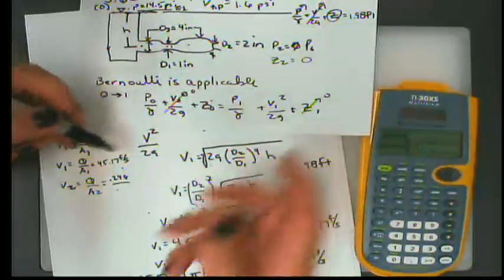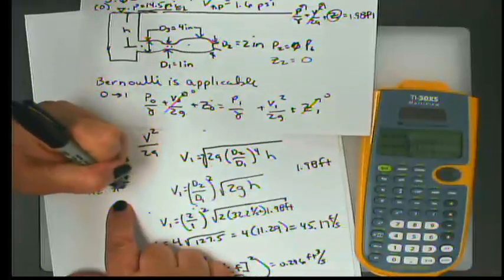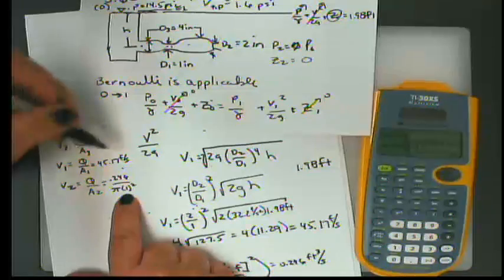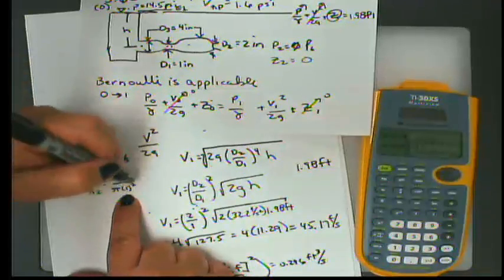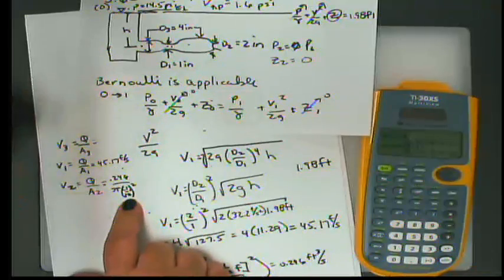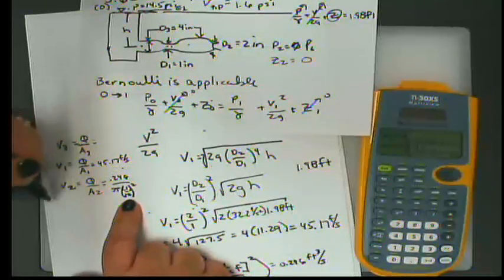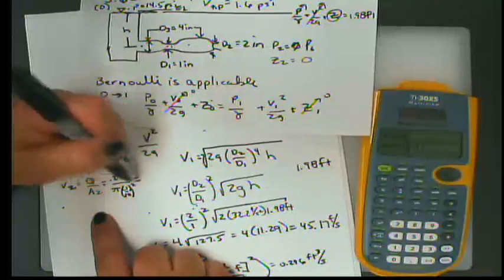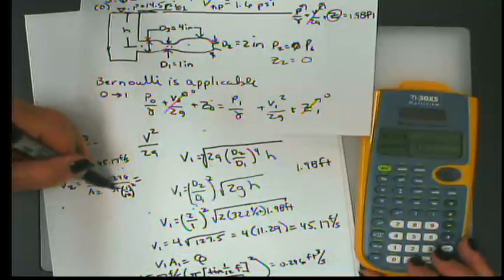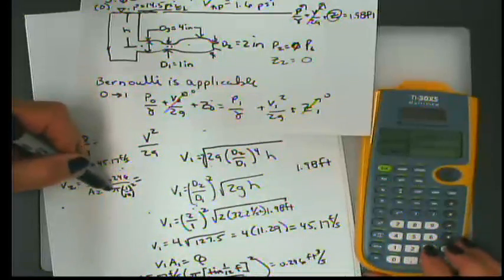So it has a radius of 1. So instead of using diameter, I can say pi r squared, which is pi times 1 inch squared. And that's going to be 1/12 of a foot squared, right? So then I got feet squared, feet, so this is going to come out in feet per second. So I have 0.246 divided by pi.